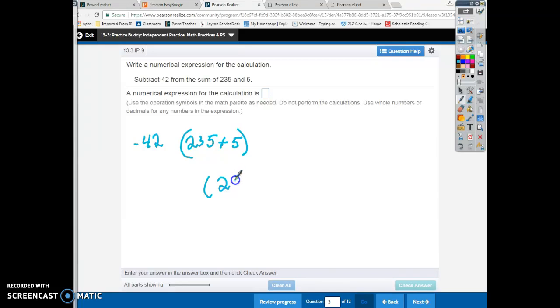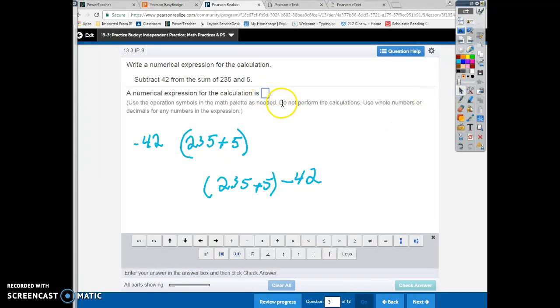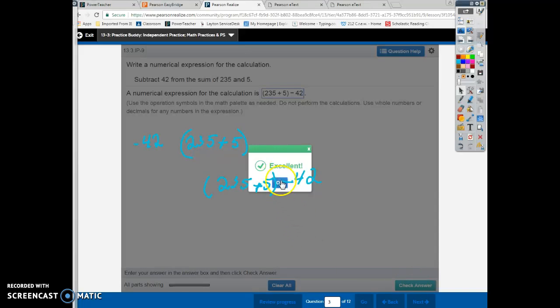So I need to do 235 plus 5 first, and then subtract 42 from that. Let's see if we are correct. So we're going to go up here and use our parentheses. 235, whoops, not 8, 235 plus 5, close my parenthesis, and then hit my minus sign, 42. And I should be correct.